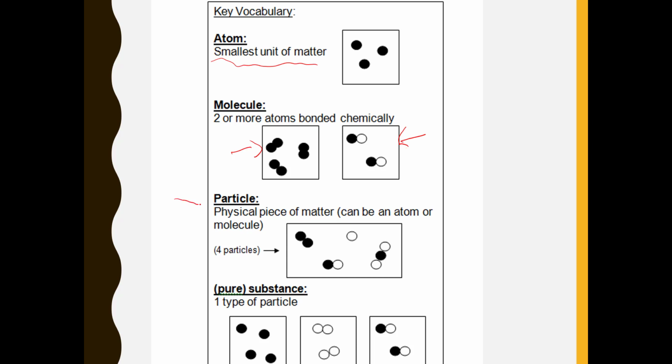Typically, I strongly encourage students to use the word particle so that they don't confuse atom and molecule. And then the last part is a pure substance. To be a pure substance, you have to be made of one type of particle, whether that is the same compound throughout, same element throughout if it's diatomic, or just the same element if it's monatomic. These are vocabs that you must know in order to be successful.